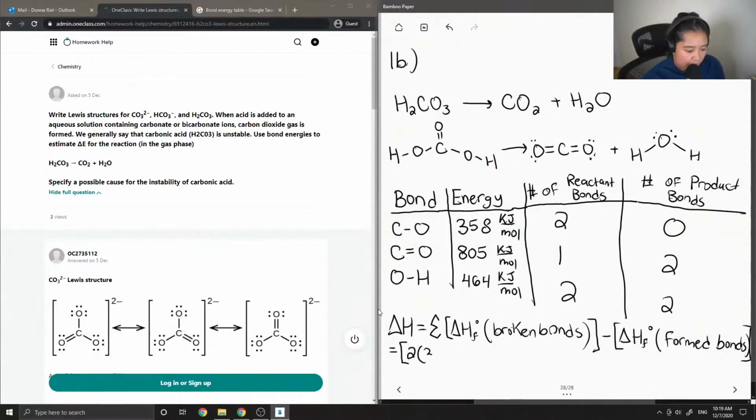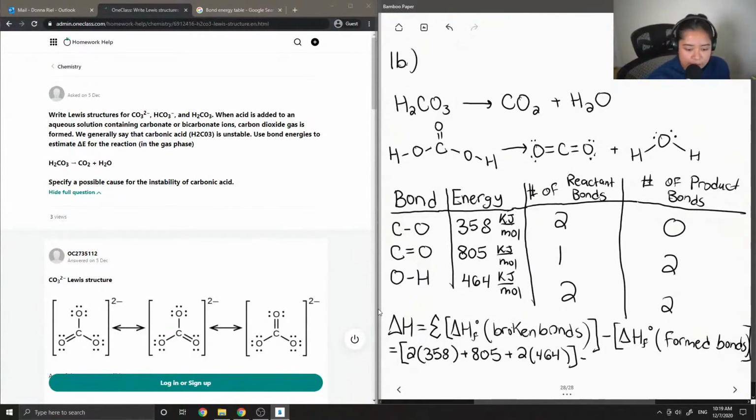Those are going to be 2 times 358, but I won't write the units in for now. And then another bond that was broken was the carbonyl bond. So there is only 1 carbonyl bond, so we're going to add 805. And then there are 2 alcohol bonds that were broken. So it's 2 times 464. So those are all the broken bonds.